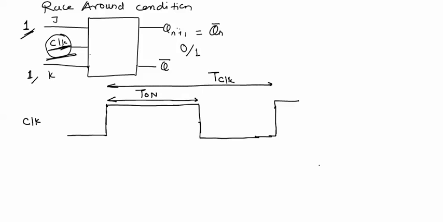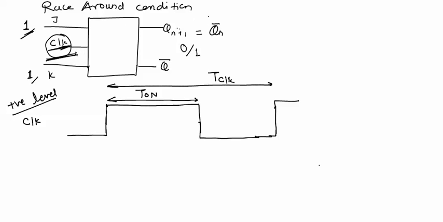If this flip flop is designed for positive level triggering, then this flip flop will initiate its operation if there is a positive level of the clock signal. And if this flip flop is triggered, it will see the input and accordingly the output will be changed.